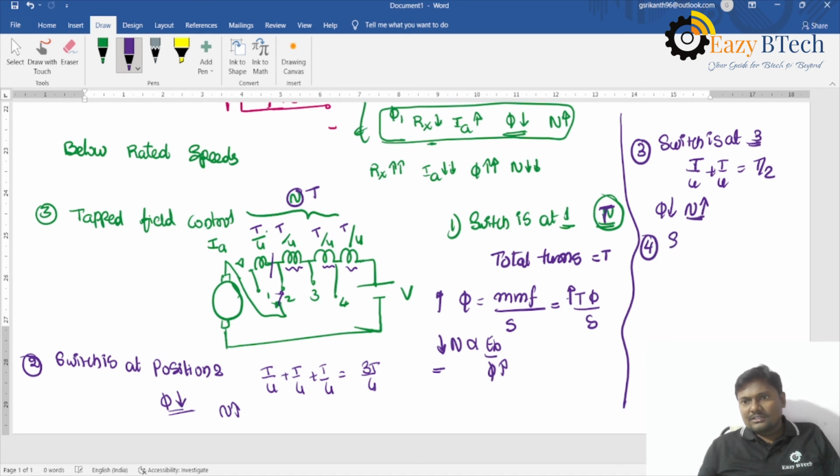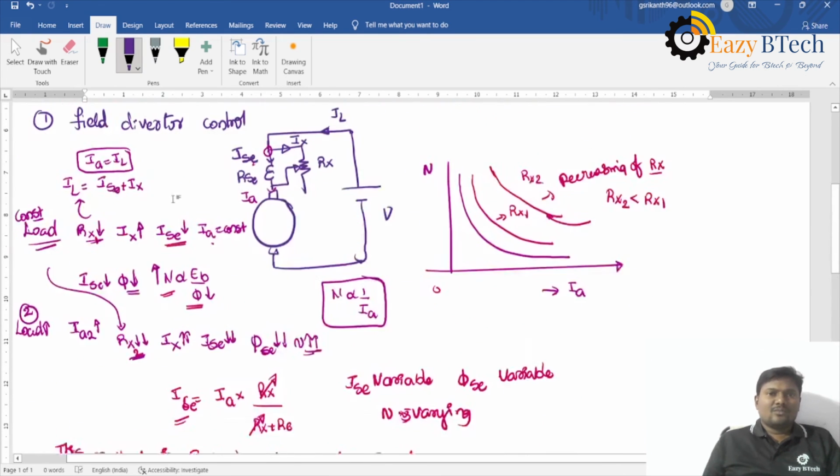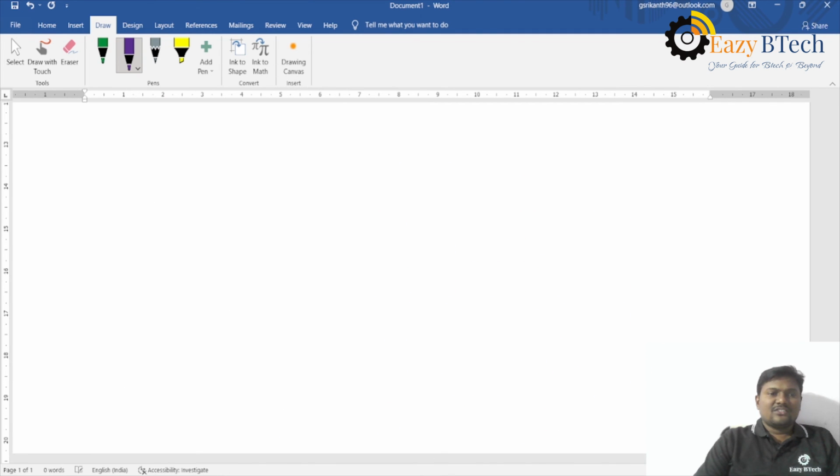Coming to the fourth, the switch is at 4, I have only T by 4 turns, the flux decreases and the speed further increases. So by this method we can control the speed of a DC series motor.